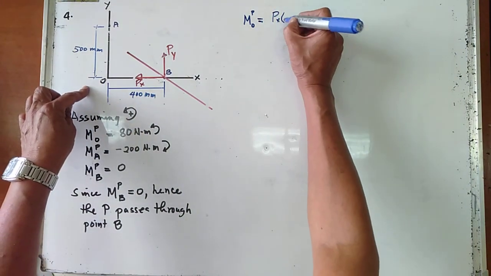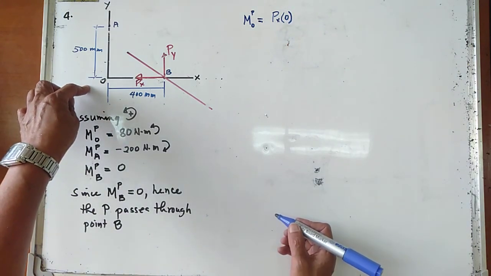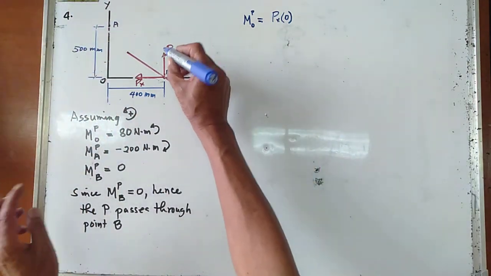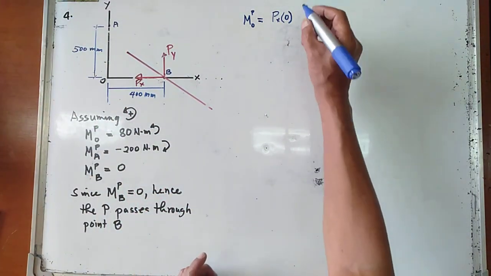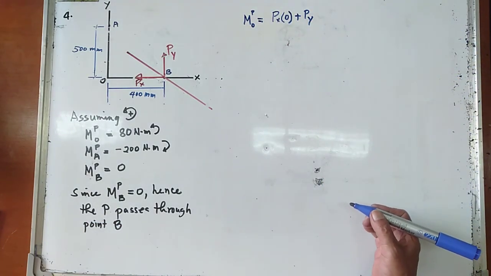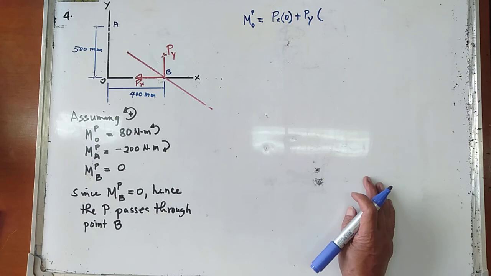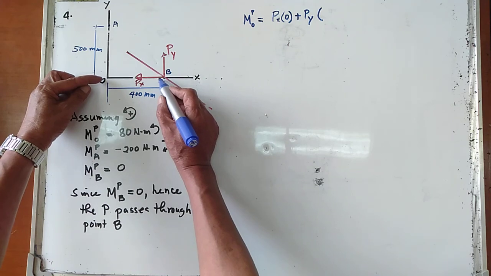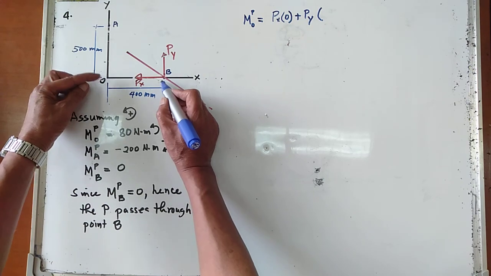Hence, the moment of Px about point O is equal to 0. And we now have your Py is counterclockwise about point O. So, we have positive Py. Multiply this one by the moment arm or the lever arm. And the moment arm is the distance from the moment center to the line of action of the force, so that is the perpendicular distance.